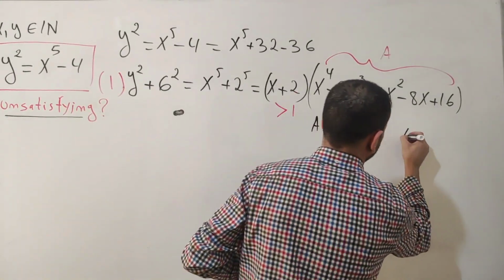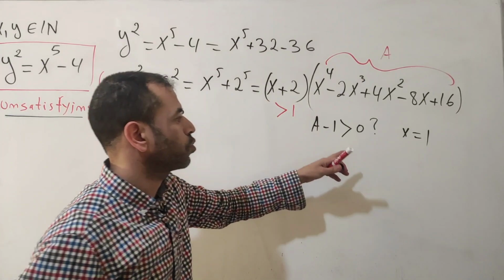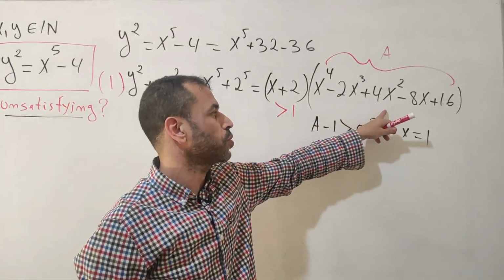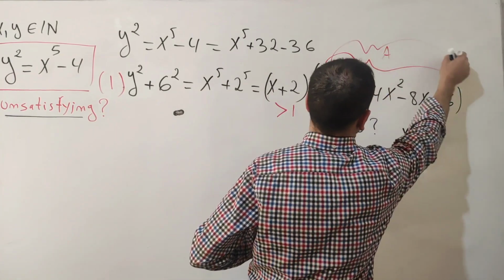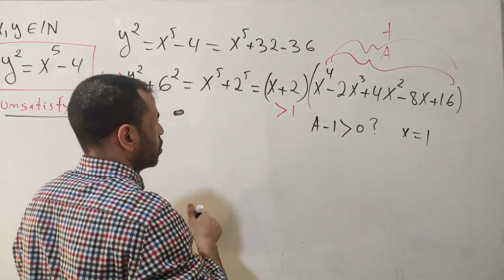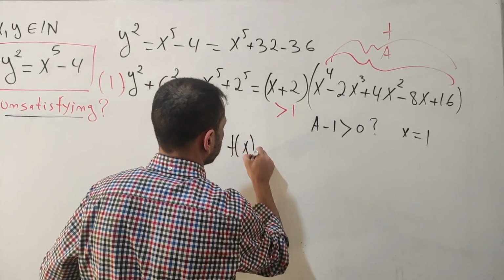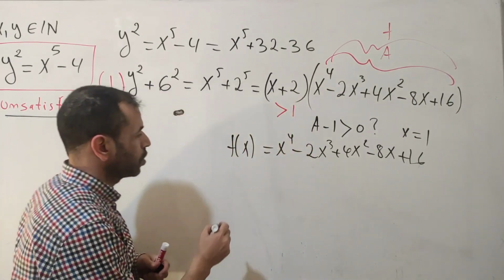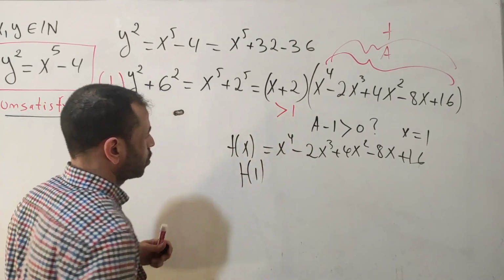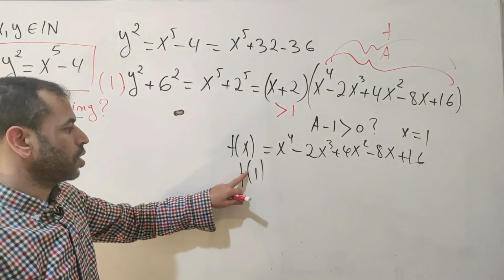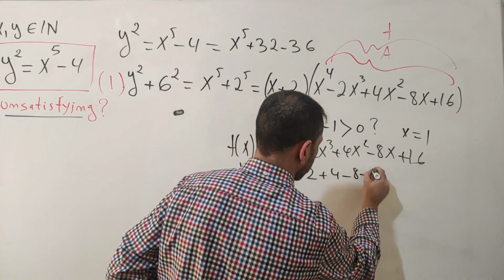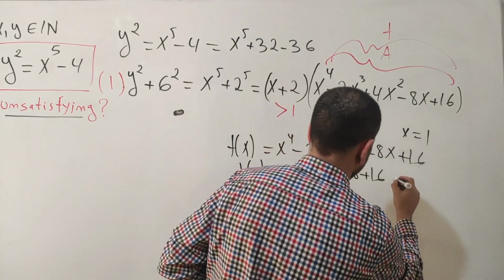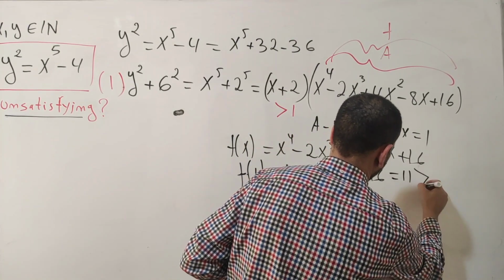For x equals 1, I calculate the output: 1 minus 2 plus 4 minus 8 plus 16, which gives 11, strictly superior to 0.